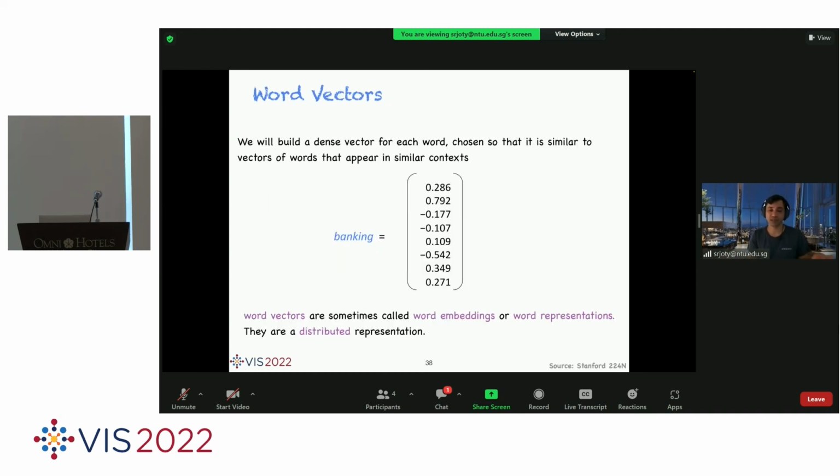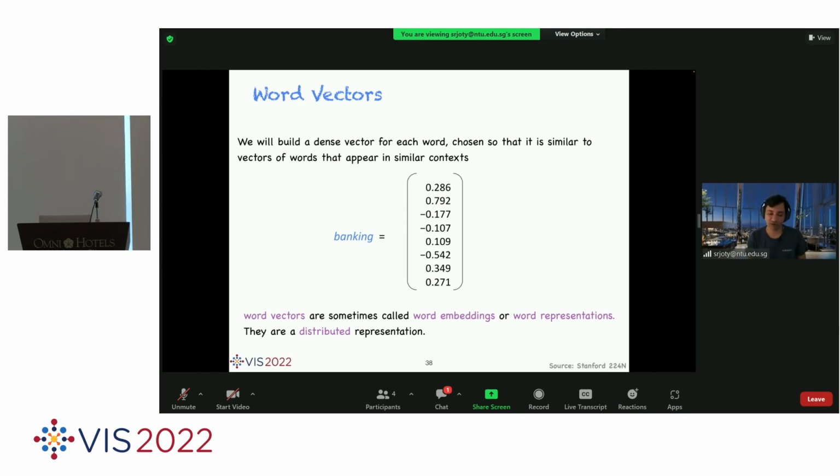It would look something like this, and these are also called word embeddings or word representations. They are also called distributed representations because each of these dimensions captures a certain aspect of the word's use. It can capture the grammar or the syntax of that word. It can capture some aspect of the meaning and so on. So basically, the meaning of the word is distributed across the dimensions.